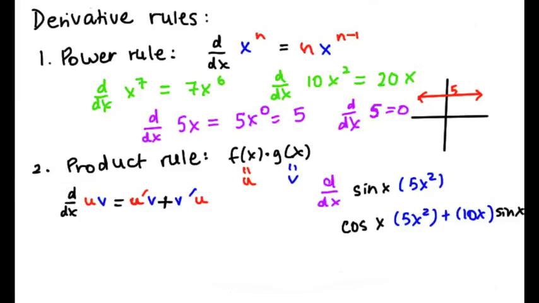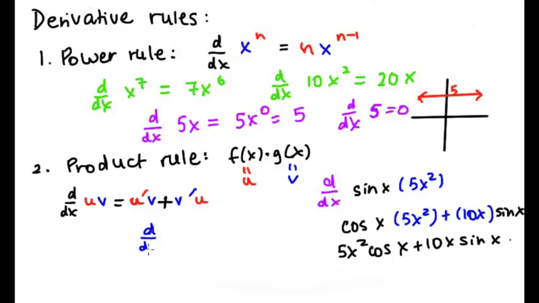And so when we make this a bit neater, we get 5x squared cosine of x plus 10x sine of x. So that's our derivative.